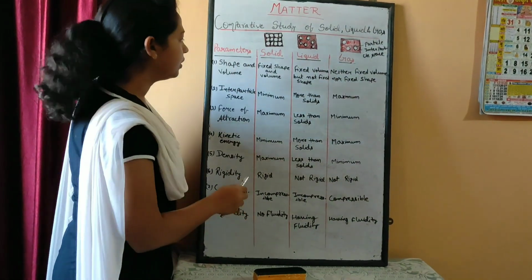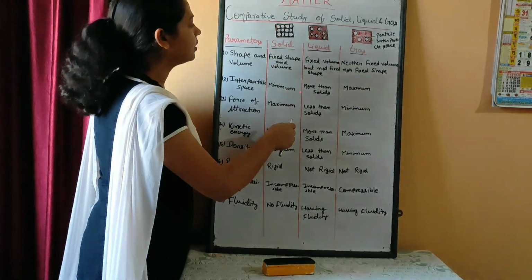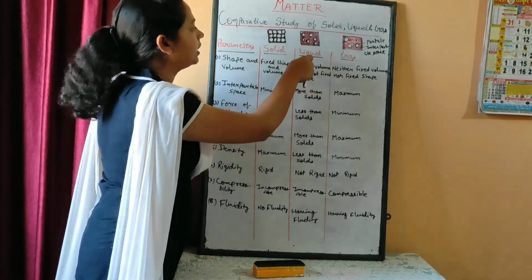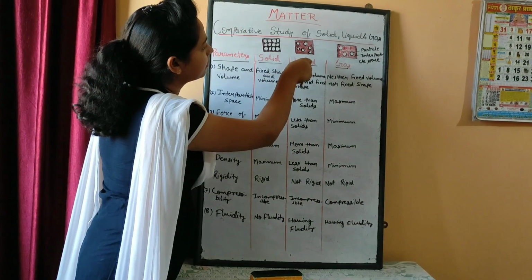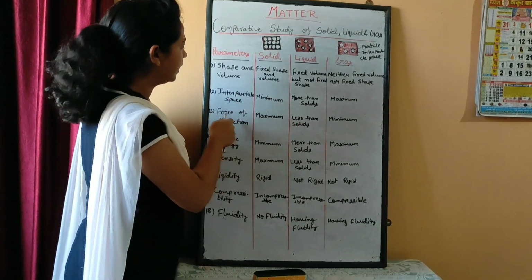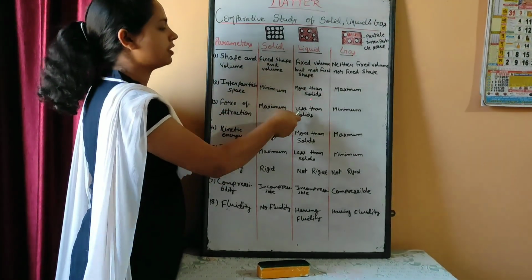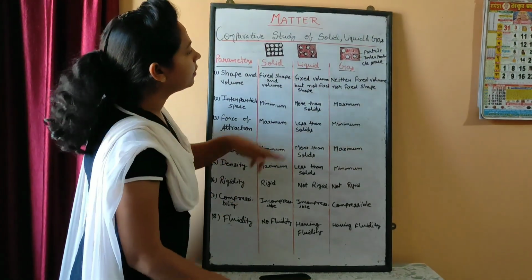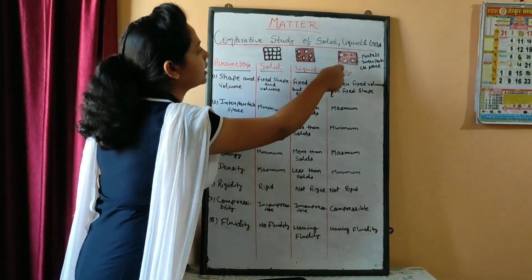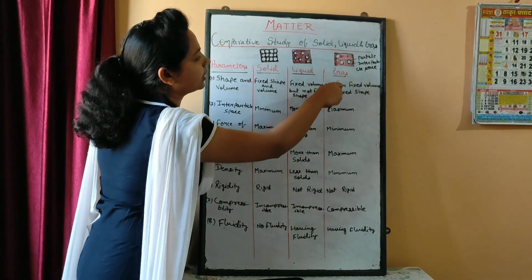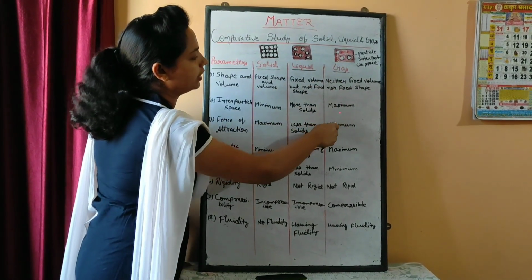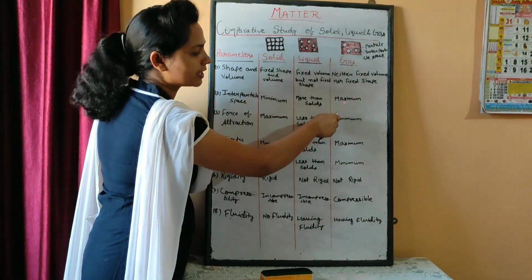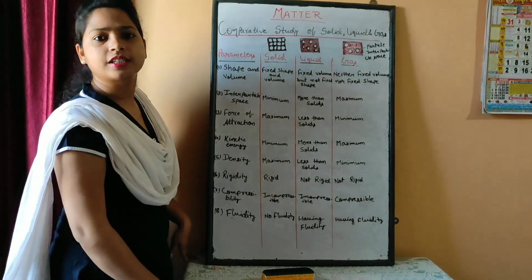And this is more in liquids. We can say it is more than the solids, right? Here you can see the red part is more. That's why we can say that the interparticle space is more than solids. Clear? Now when we are talking about the gaseous state, it has very large interparticle spaces. So here we have written maximum. So the interparticle space is maximum in the case of gaseous state.